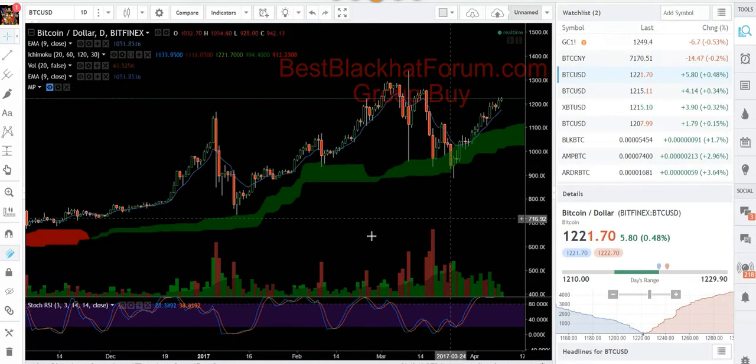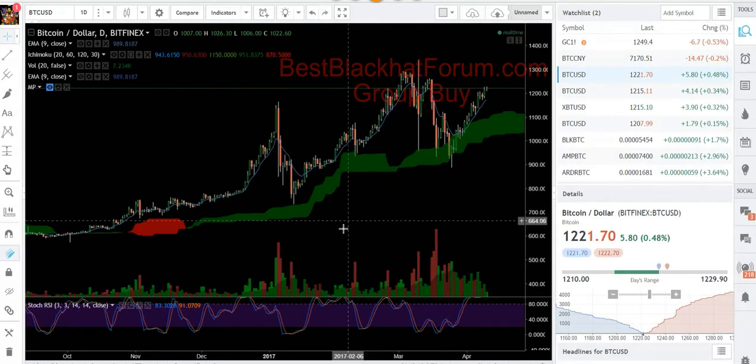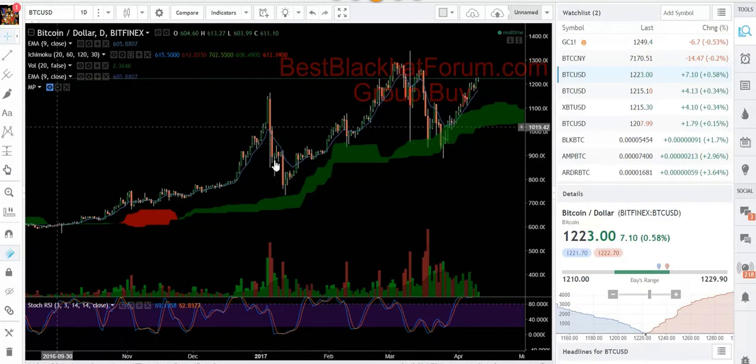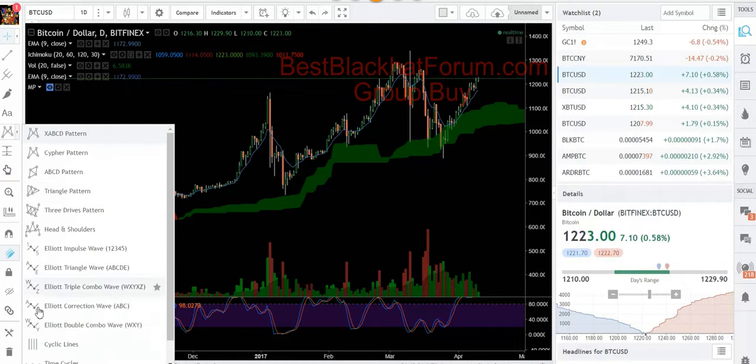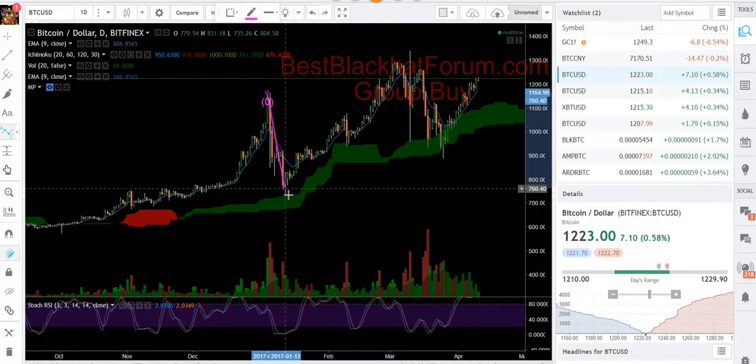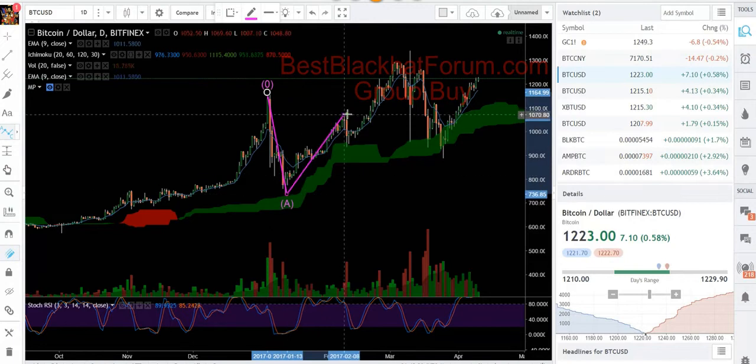But for instance here, I'm not sure how long some of you have been following me or on the WhatsApp service list, but those of you who have been with me for a while remember that right here in Bitcoin, I was looking for this sort of an ABC correction.